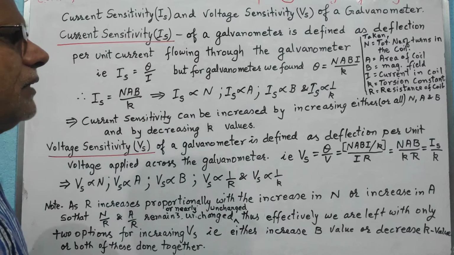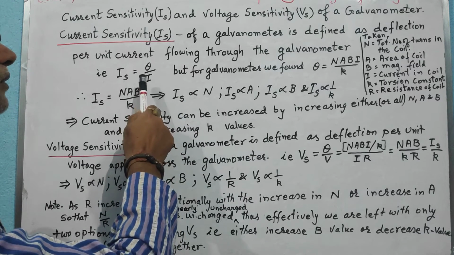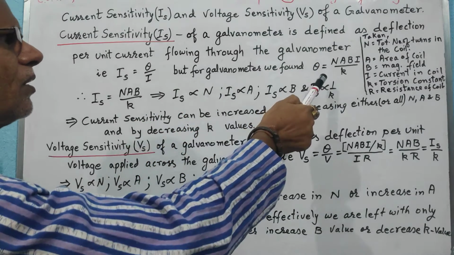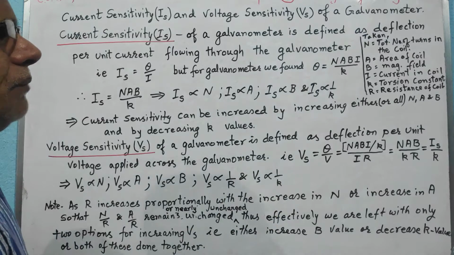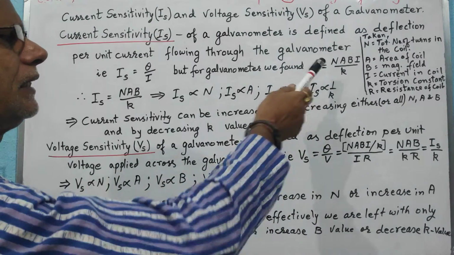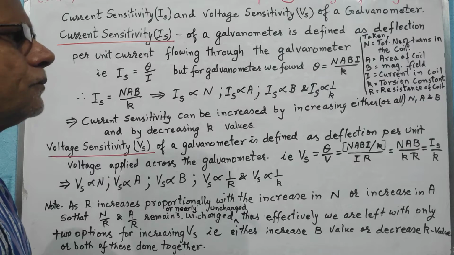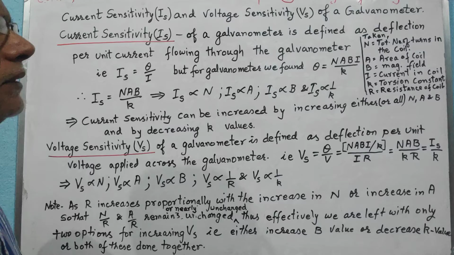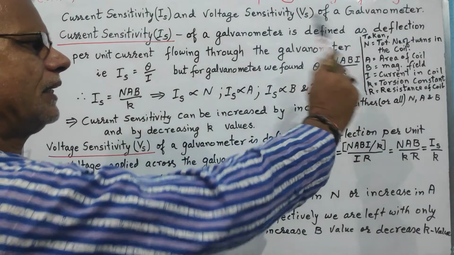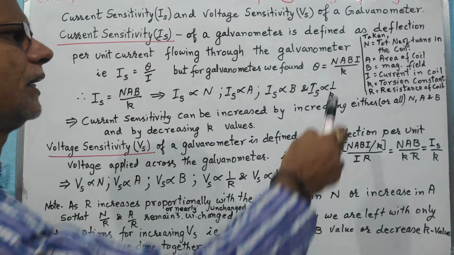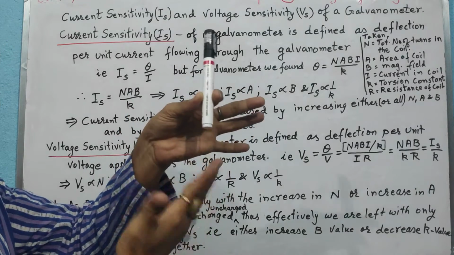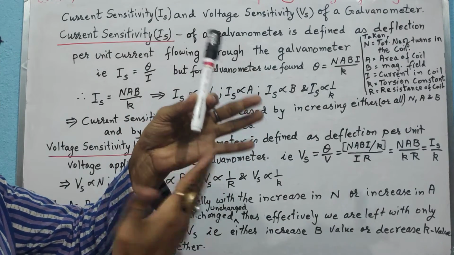For the galvanometer we have already found the expression for the angular deflection of the needle: theta is equal to NABI upon K, where N is the total number of turns in the coil which is placed between the two poles of the magnet, A is the area of the coil, B is the magnetic field produced by the magnetic poles, I is the current flowing through it, and K is the torsion constant of the hair wire through which the coil is hanging and free to rotate.